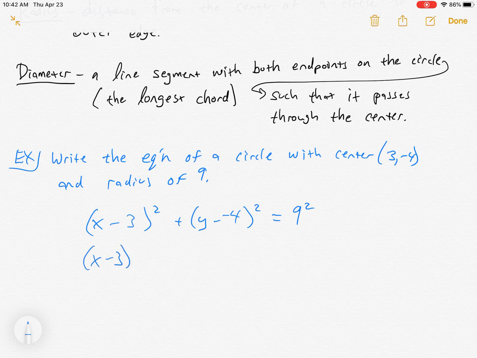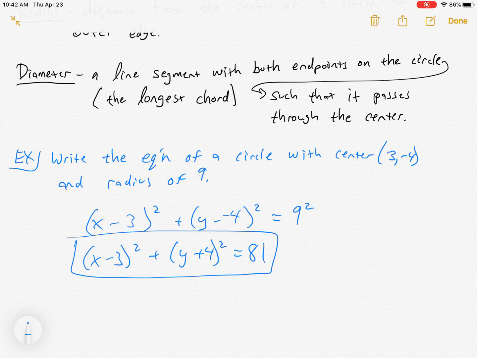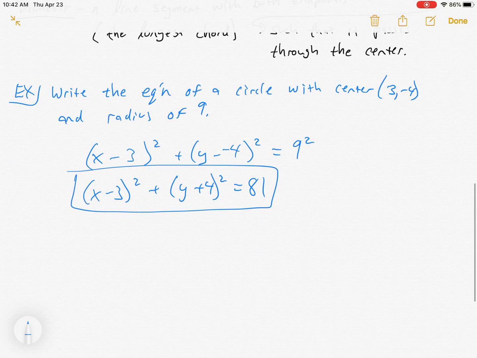So it's x minus 3, y minus -4, and then the radius is 9. And the radius is always squared. Let's simplify this to y plus 4. You don't want to do minus minus, and we can simplify this to 81. And that right there describes every point on that particular circle.